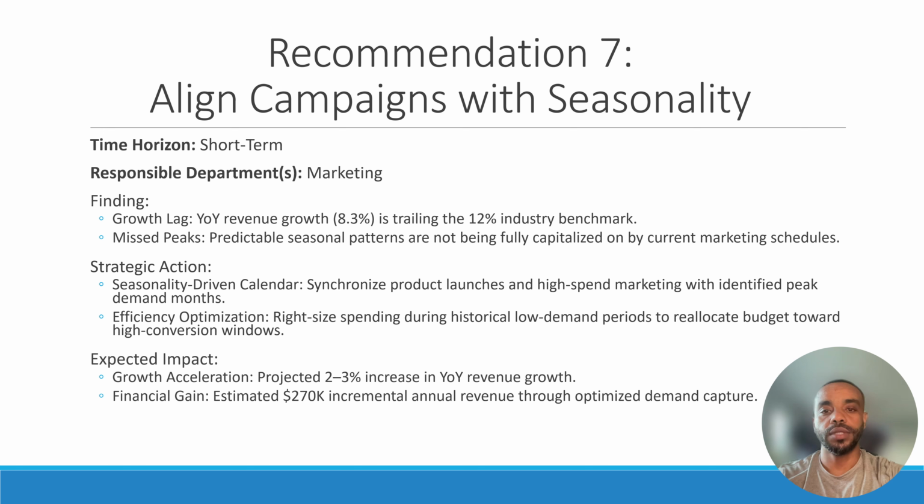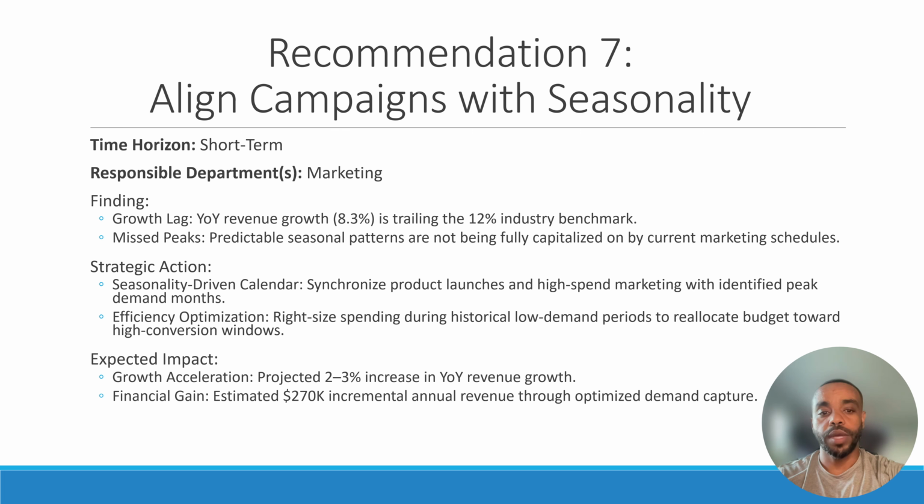Recommendation number 7 is to align marketing campaigns with seasonality. Our findings show growth lag with year-on-year growth of 8.3%. That is trailing the industry standard of 12% and missing peaks and predictable seasonal patterns. The strategic actions to take are: 1. To synchronize product launches and high spend marketing within peak months. 2.